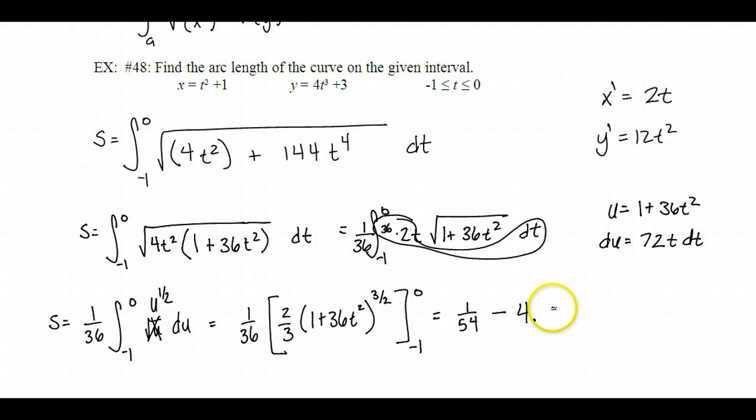So I have minus 4.1678. Well, if we look at this answer, we're obviously going to have a negative answer. So I have 1/54 minus 4.1678, and that gives me a negative 4.149.